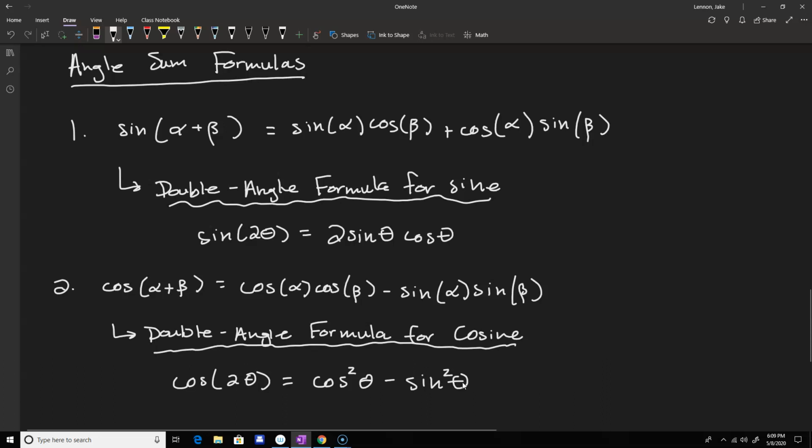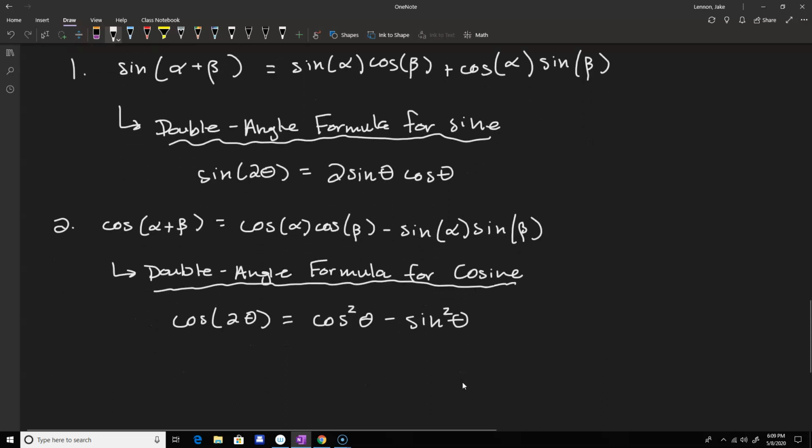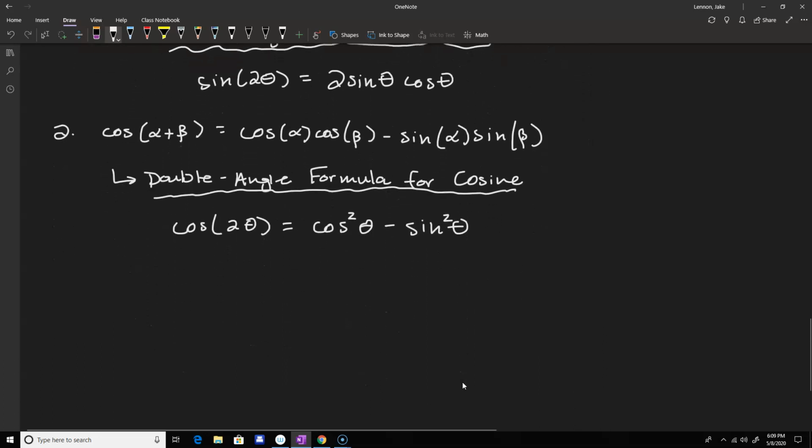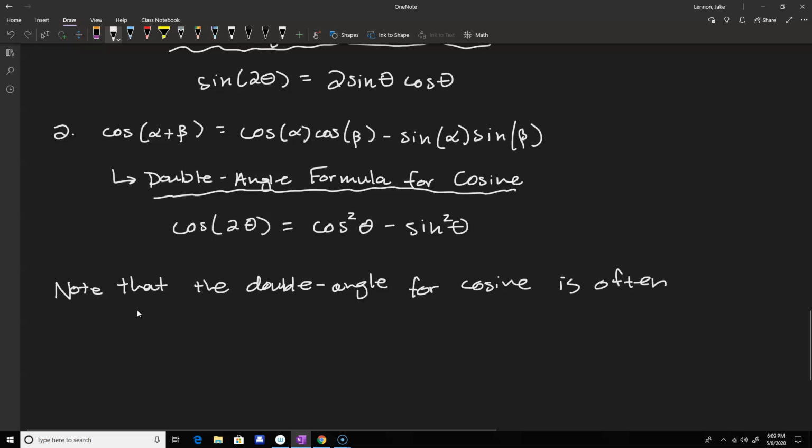So when you're solving trig identities, one of the big tricks is often combining these 2 double angle formulas in some fashion with the Pythagorean identity. So let's just note that. So note that the double angle formula, specifically the double angle formula for cosine, is often combined with the Pythagorean identity.